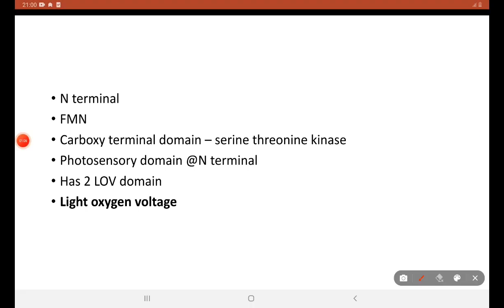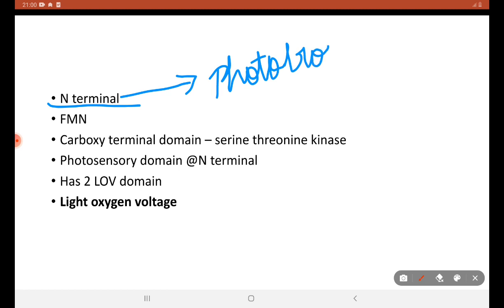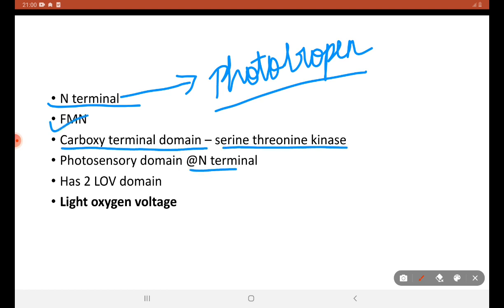The N-terminal portion of this phototropin has FMN and the carboxy terminal has serine threonine kinase. This N-terminal is called the photosensory domain.